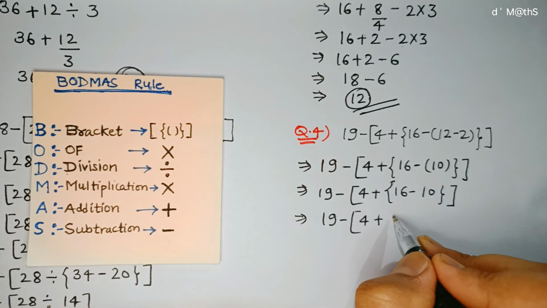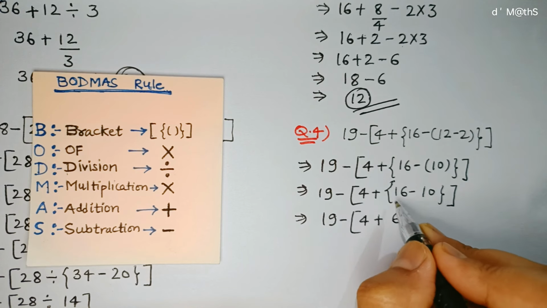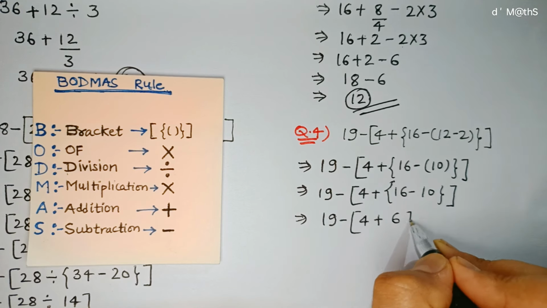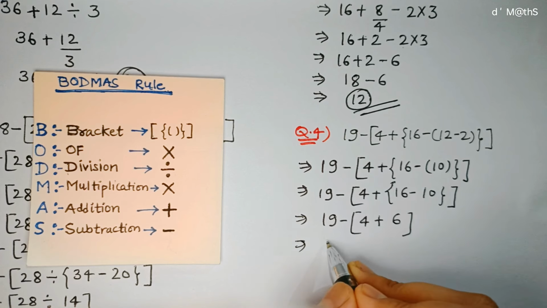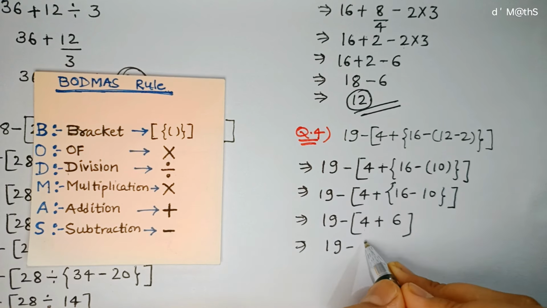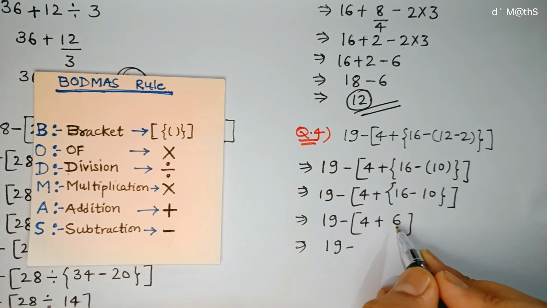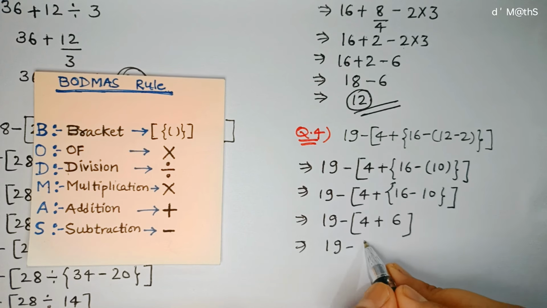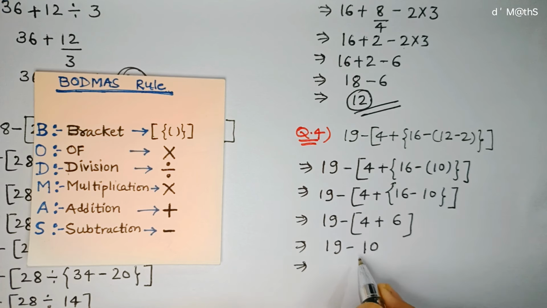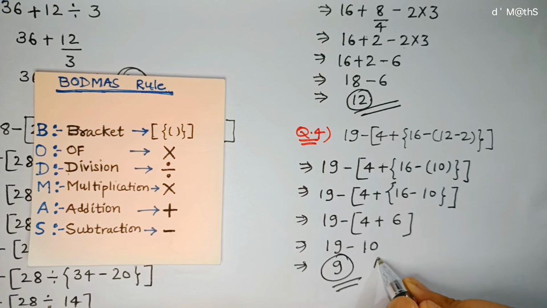Only 6. The bracket will be removed. Now 19 minus, 4 plus 6, how much? 4 plus 6 is equal to 10. The bracket will be removed, only this addition is there. So 19 minus 10, how much? It will be 9. So 9 is your answer.